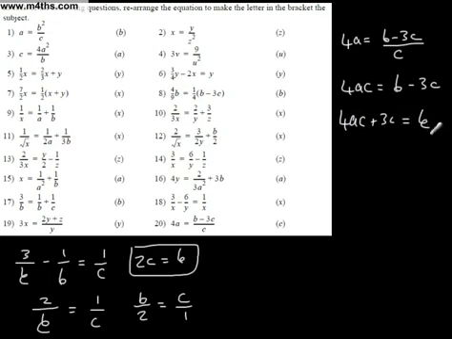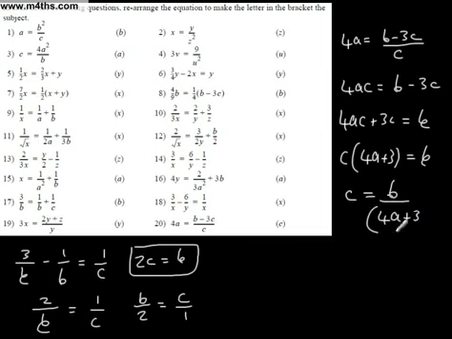Everything on this side with c's in, everything on that side without. I can now factor a c out to give me c times 4a plus 3 is equal to b, and then simply divide by the contents of the bracket: c is b over 4a plus 3. And that's done. We've made c the subject of the equation.